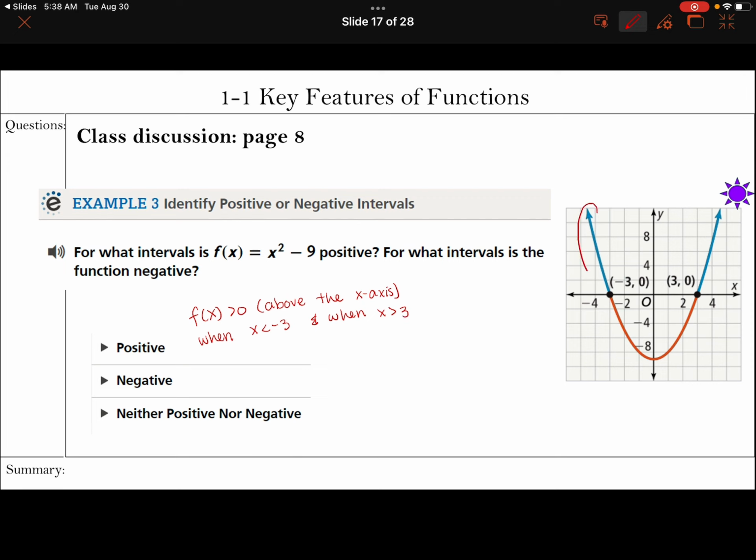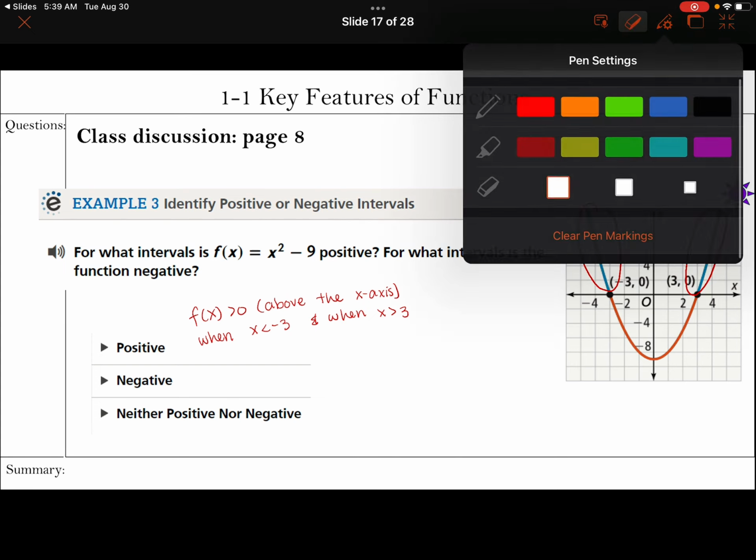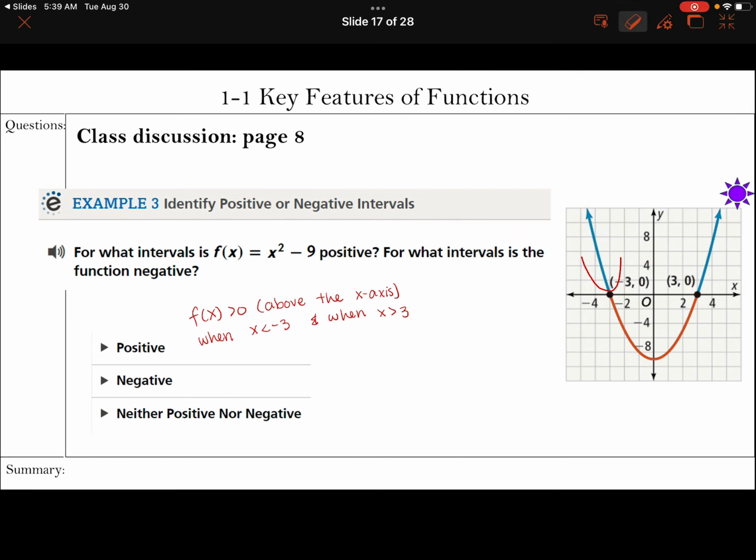So it's these parts right here. If it's less than -3, it's positive, the blue part. When it's greater than 3, it's positive. So that is the blue part.